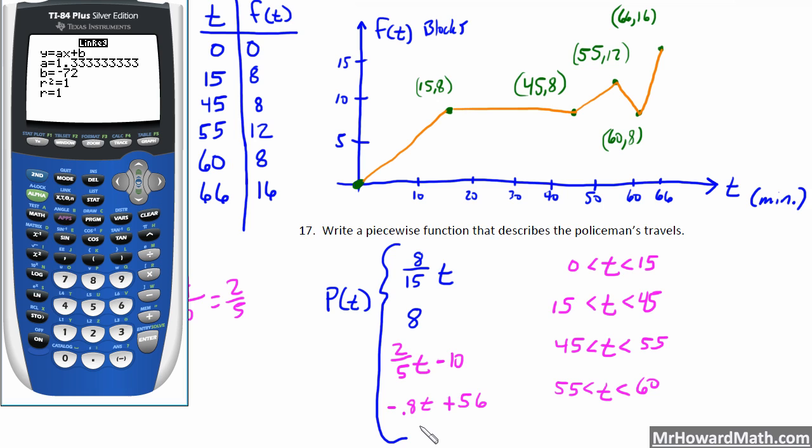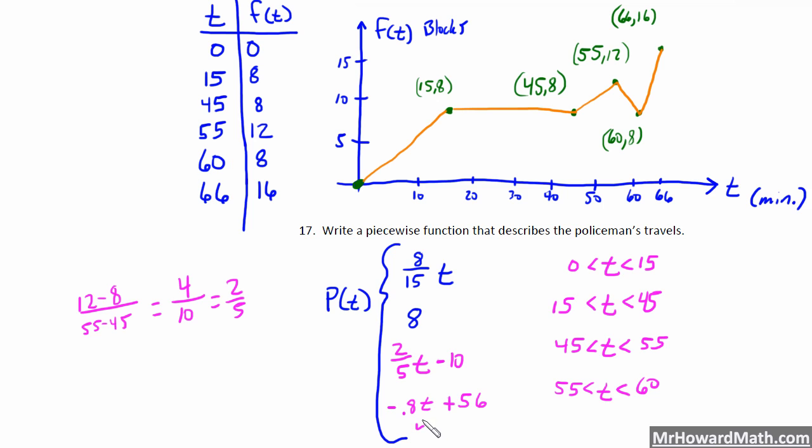I think it'll be easier to write it that way. So it's 4/3 t minus 72, and that domain is from a minimum value of 60, and the max would be 66. All right, so that is it.